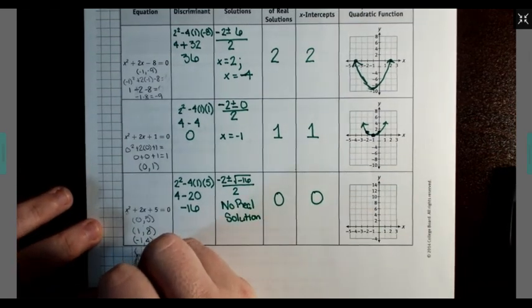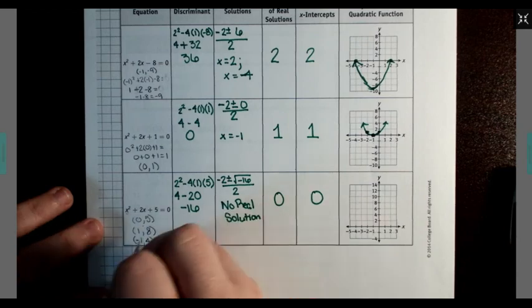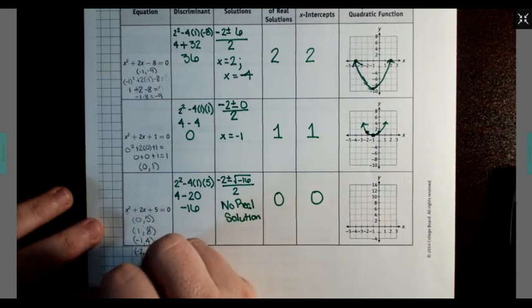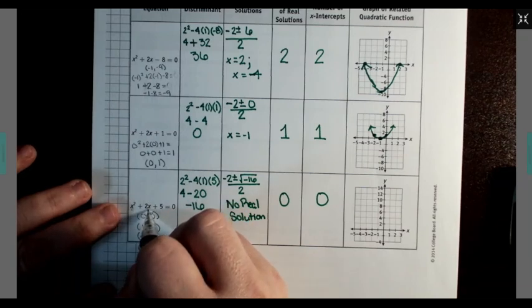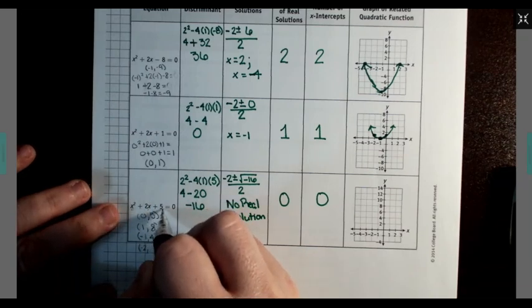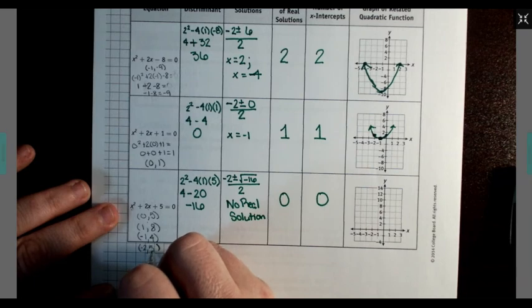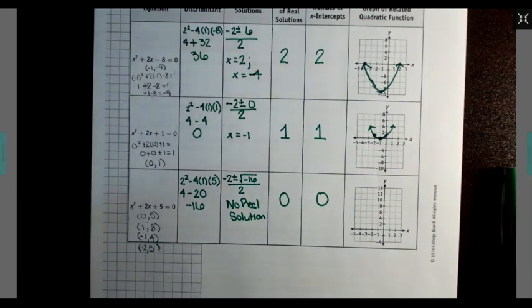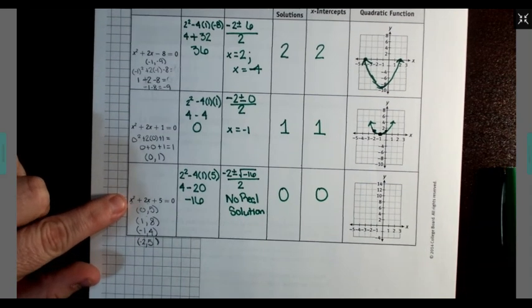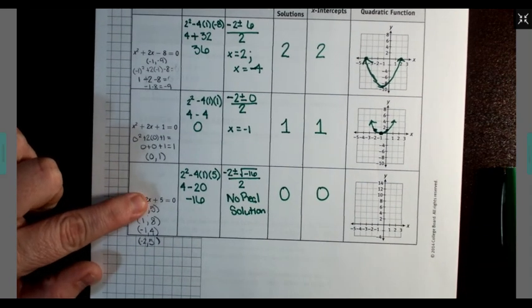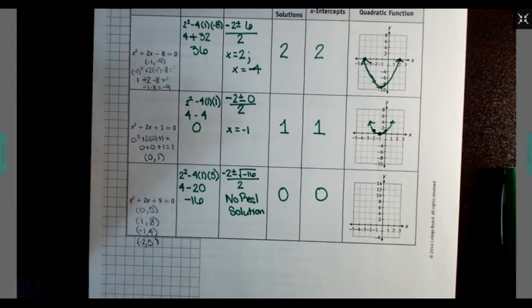I haven't found my minimum yet. Let's try negative 2. This would be 4 minus 4, that's 0, plus 5, which is 5.